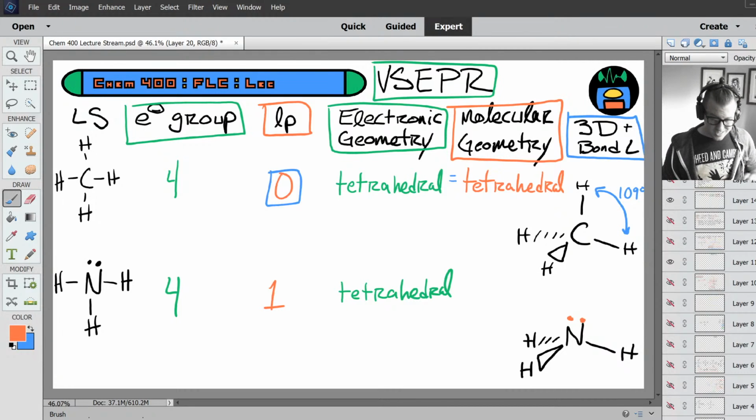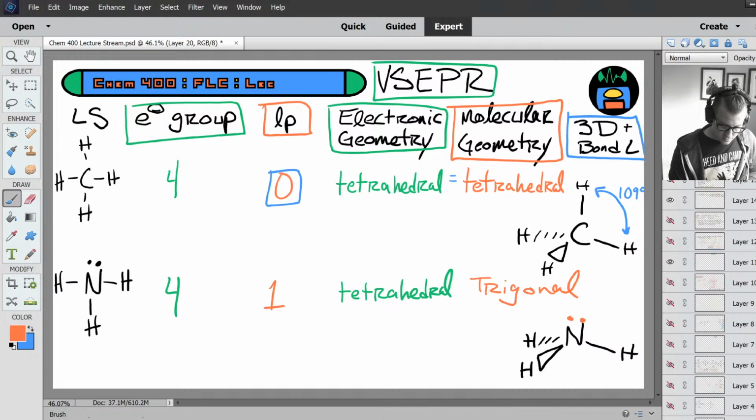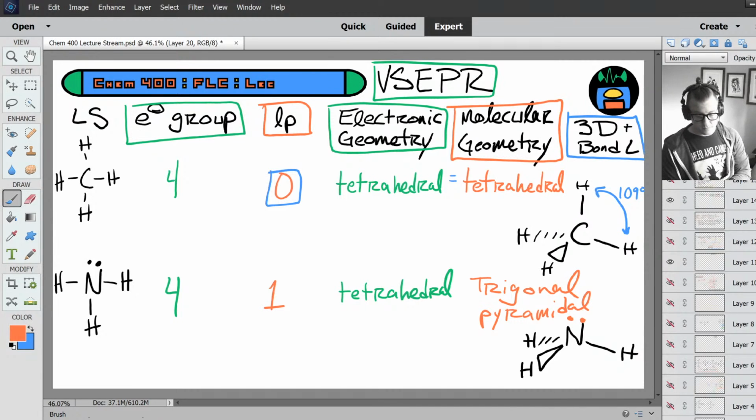So this shape, this geometry, when you have a tetrahedron with 1 lone pair, this is called trigonal pyramidal. All right, that is trigonal pyramidal. And that is the molecular geometry for NH3.